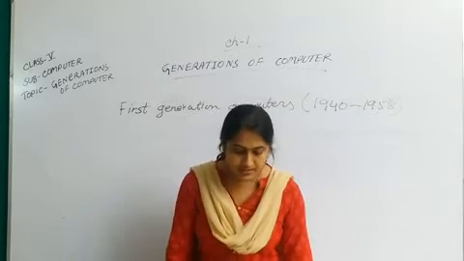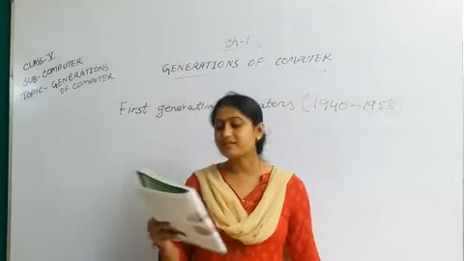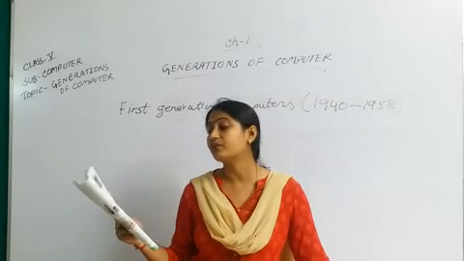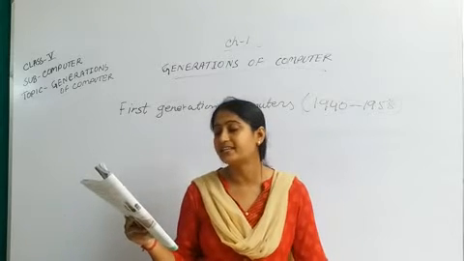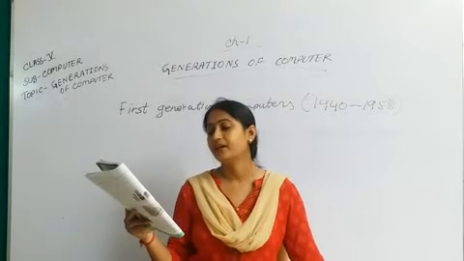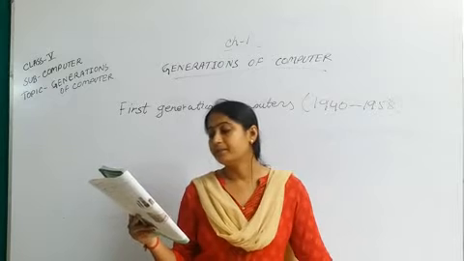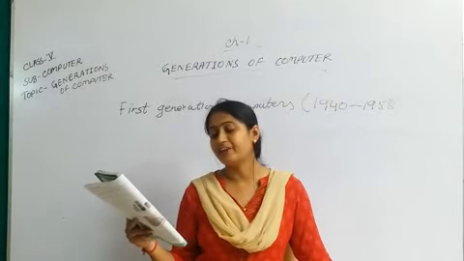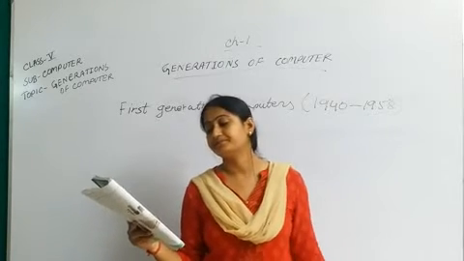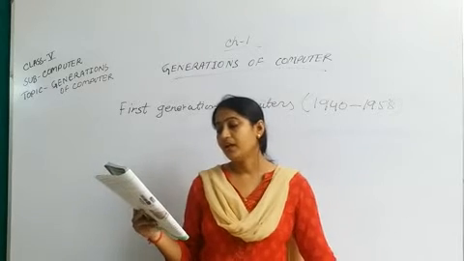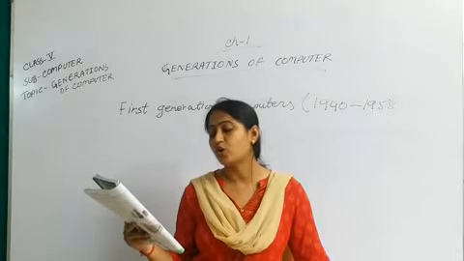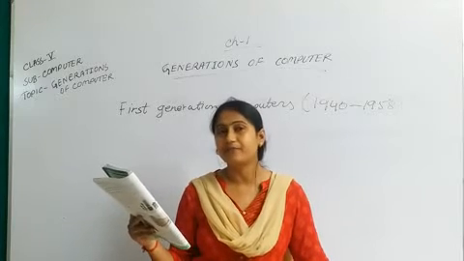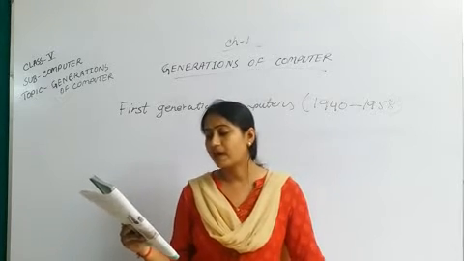Next, UNIVAC 1, the world's first commercially available computer. UNIVAC 1, Universal Automatic Computer 1, was designed by J. Presper Eckert and John Mauchly in 1951. It weighed approximately 13,000 kilograms and occupied an area of 35.5 square meters.